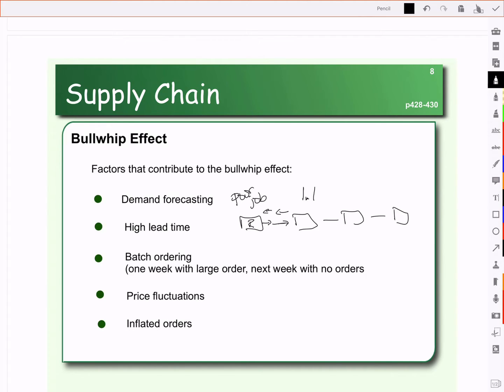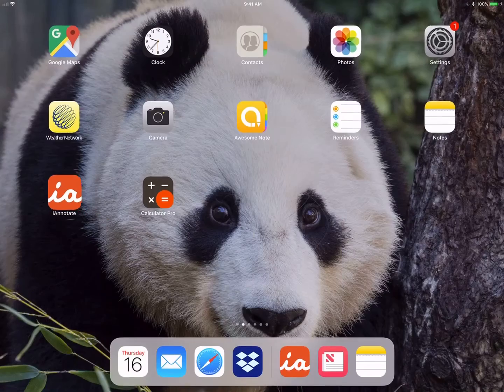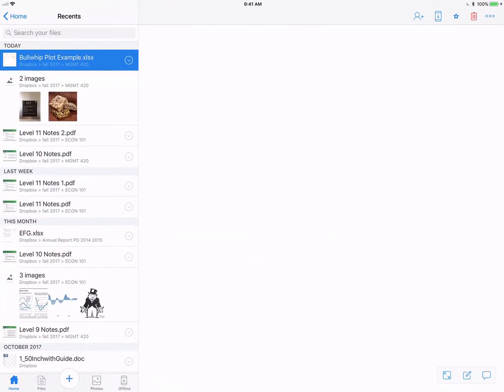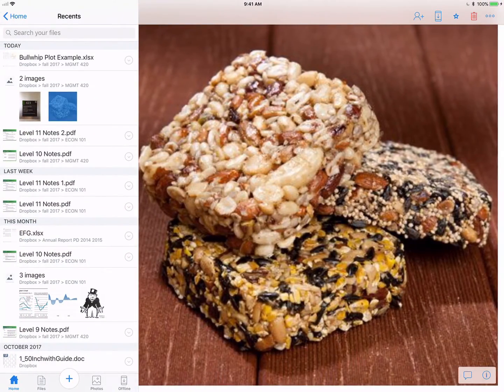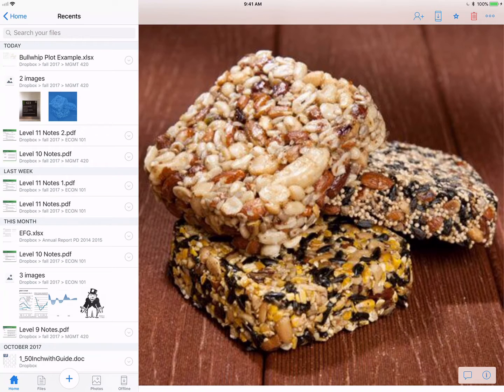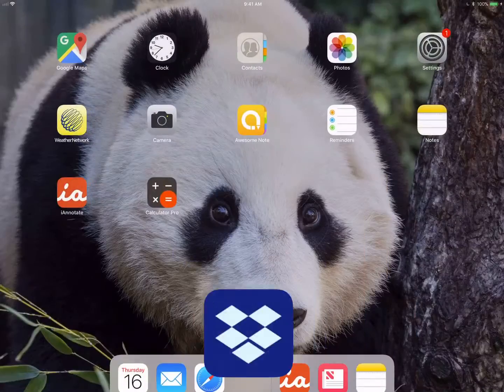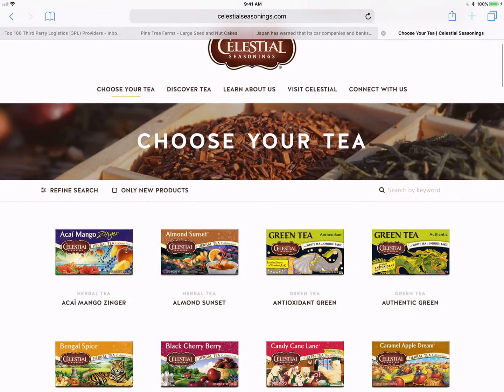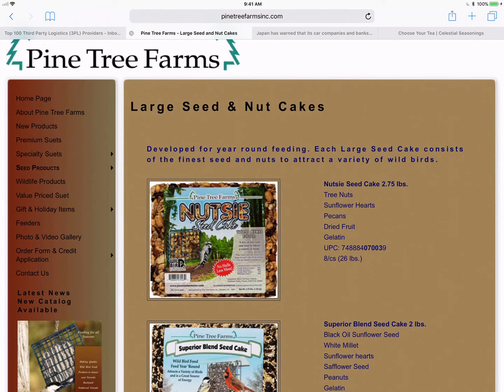So if we were to look at an example of that, let's look at Co-op. At Co-op, they sell these birdseed cakes. These birdseed cakes are like $8 a piece, and they come from a company called Pine Tree Farms.